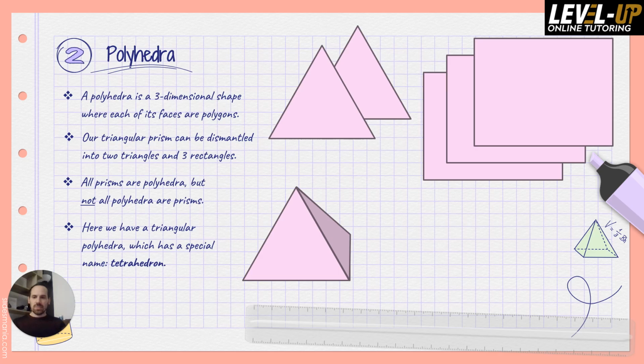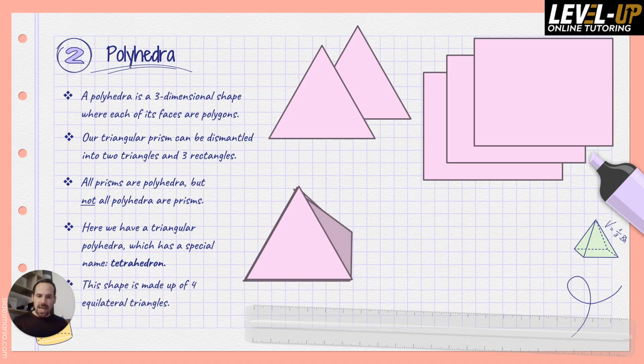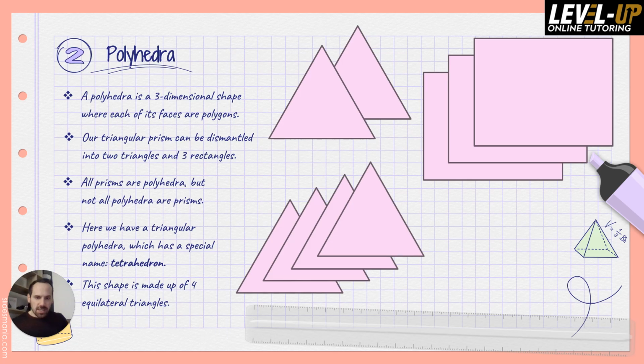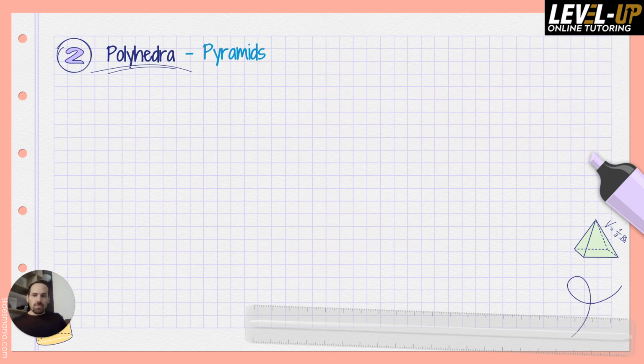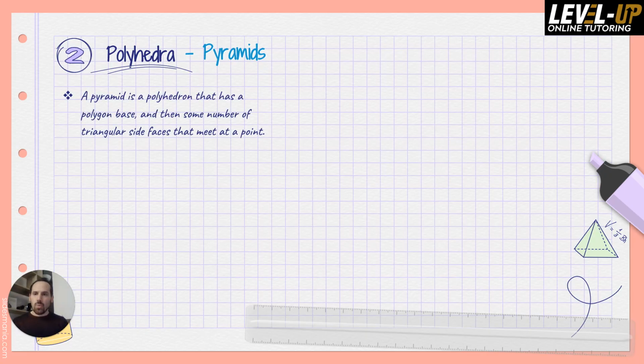A simple example of one that wouldn't be a prism is a tetrahedron, which is basically made up of four equilateral triangles put together. And if I dismantle that, you see it's essentially just four equilateral triangles like that, which is a type of pyramid. So what is a pyramid?